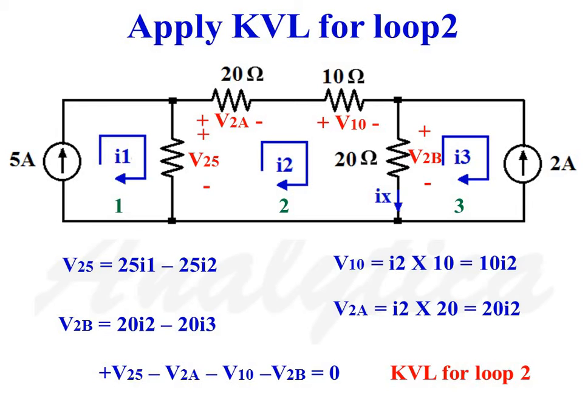Therefore, we can write V25 minus V2A minus V10 minus V2B is equal to 0, where V25 is equal to 25 I1 minus 25 I2, V2A is equal to 20 I2, V10 is equal to 10 I2 and V2B is equal to 20 I2 minus 20 I3.